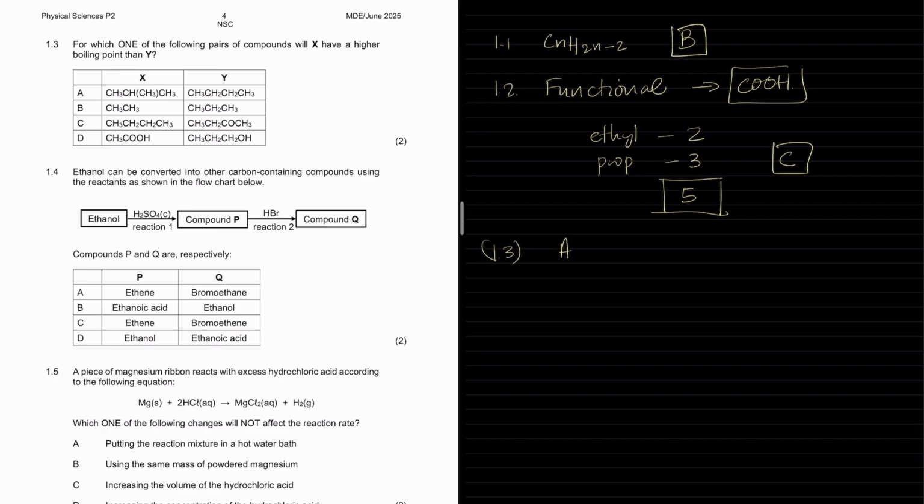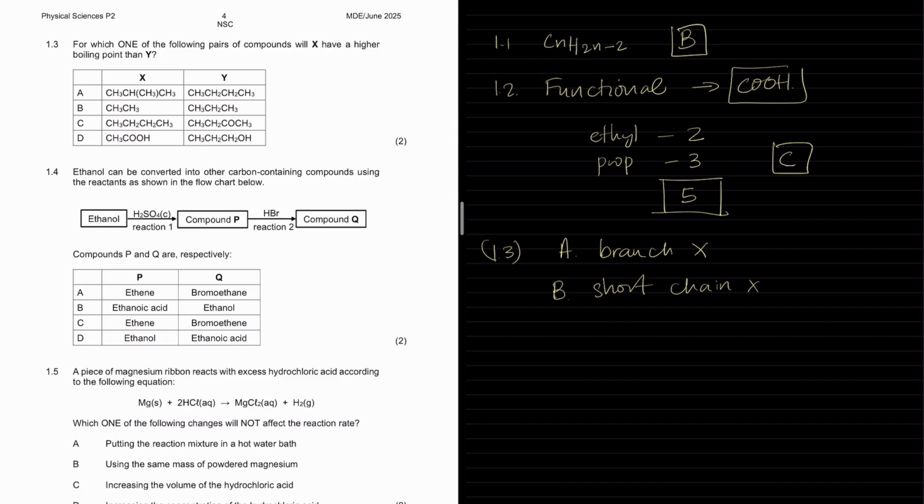So because X has a branch, it's not going to have a higher boiling point. So A is out. B is CH3CH3, so it's a short chain. Y is CH3CH2CH3, so B is also out because it's a shorter chain.